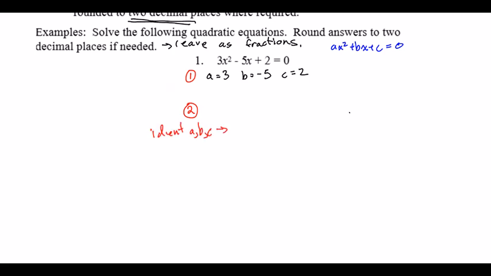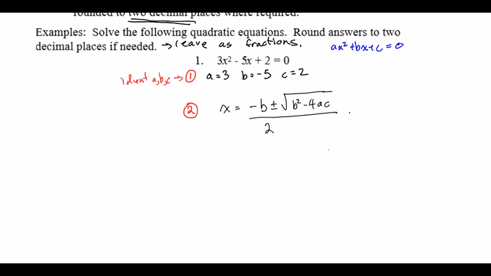And now for stage 2, we start by writing the basic equation. x is equal to negative b plus or minus the square root of b squared minus 4ac, all divided by 2a. Now, you need to memorize this equation. This is easy marks, 2 marks on a test.